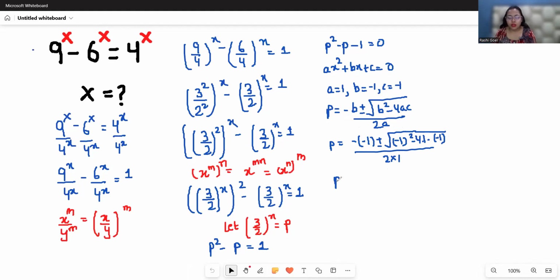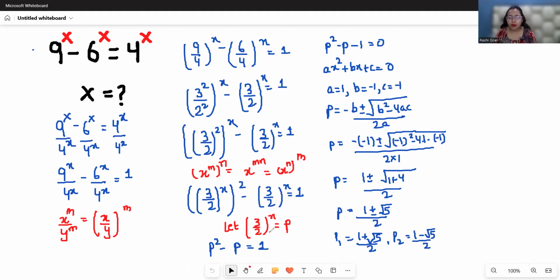So p = (1 ± √(1+4))/2. So p = (1 ± √5)/2. So P1 is (1+√5)/2 and P2 is (1-√5)/2.